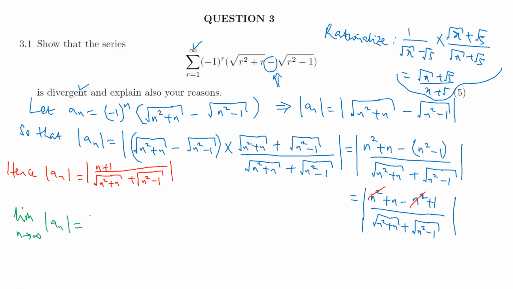So we have the limit of the modulus of an, which is the limit of this one. You can even remove the absolute value out of the n plus 1 because it's already positive, but it doesn't matter. You can still maintain it.